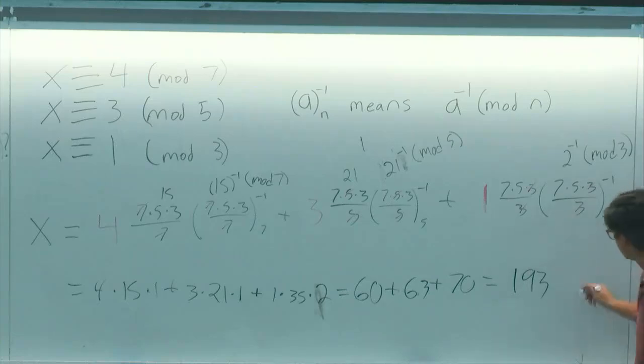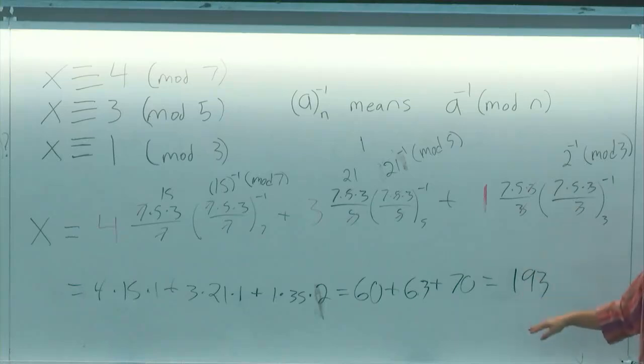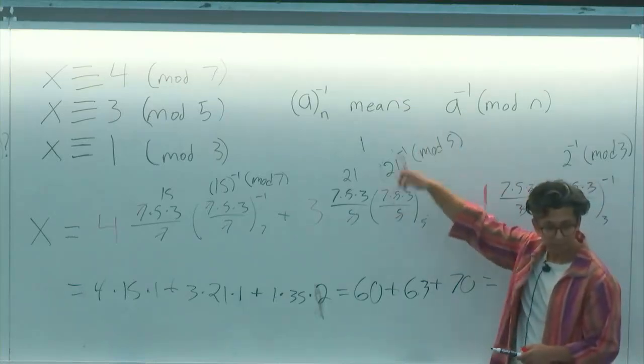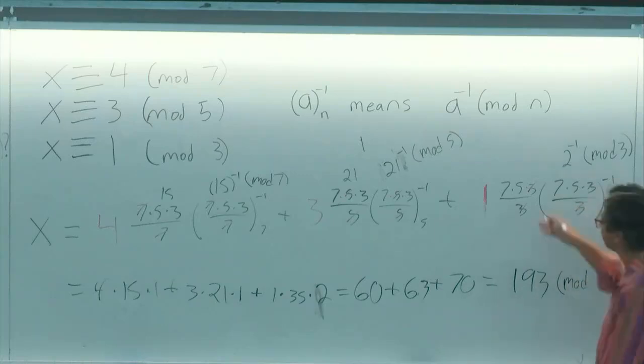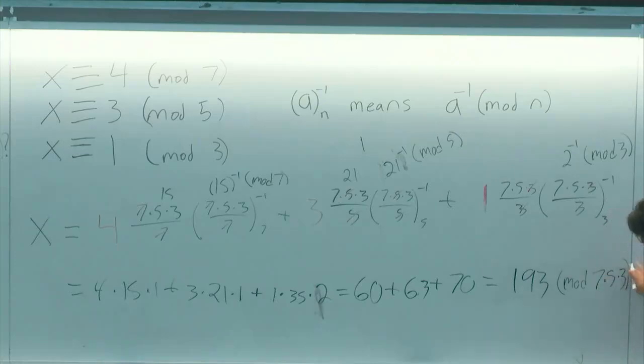One thing we want to do from here, though, is 193 does satisfy it, but there are more things that satisfy it. In fact, there's infinitely many, and we'll see what those are real quick. We can mod this by the common factors, 7 times 5 times 3, which is 105, thank you.